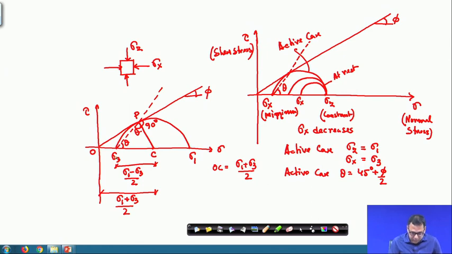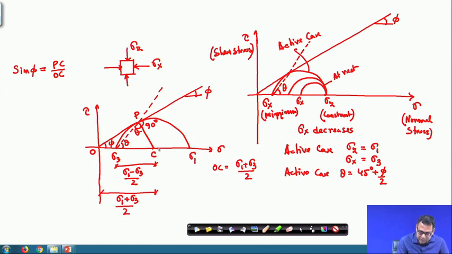So, we have a Mohr circle with sigma 1 and sigma 3 as the two principal stresses. From this circle, this is the phi value, and we can write sin phi equal to Pc divided by Oc.